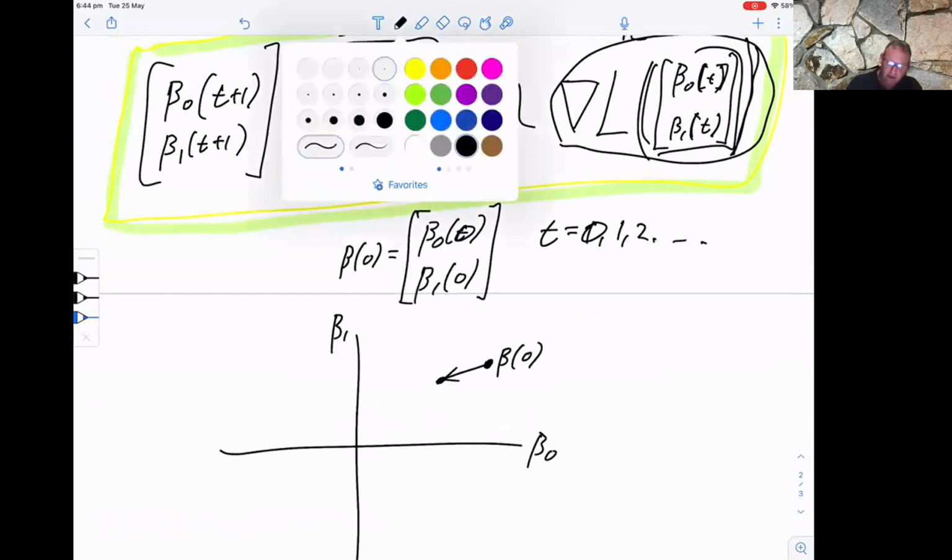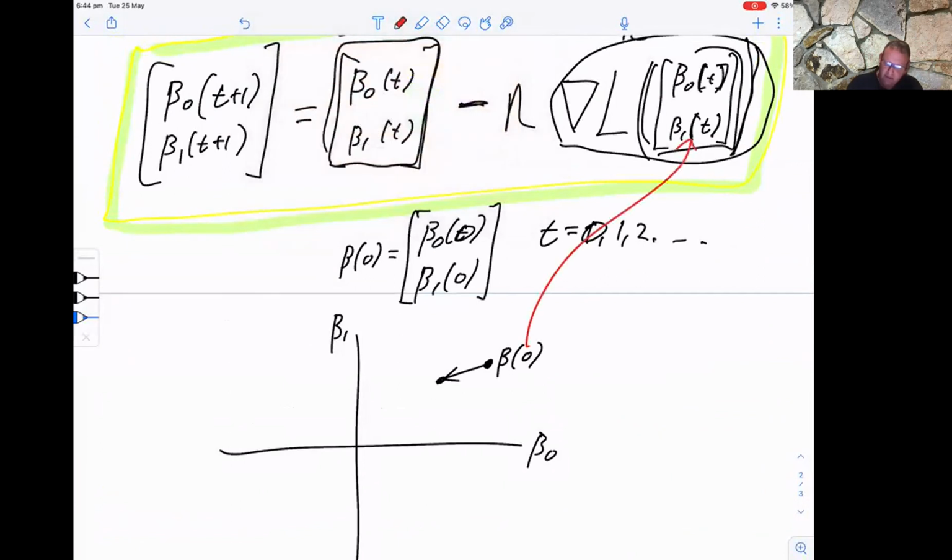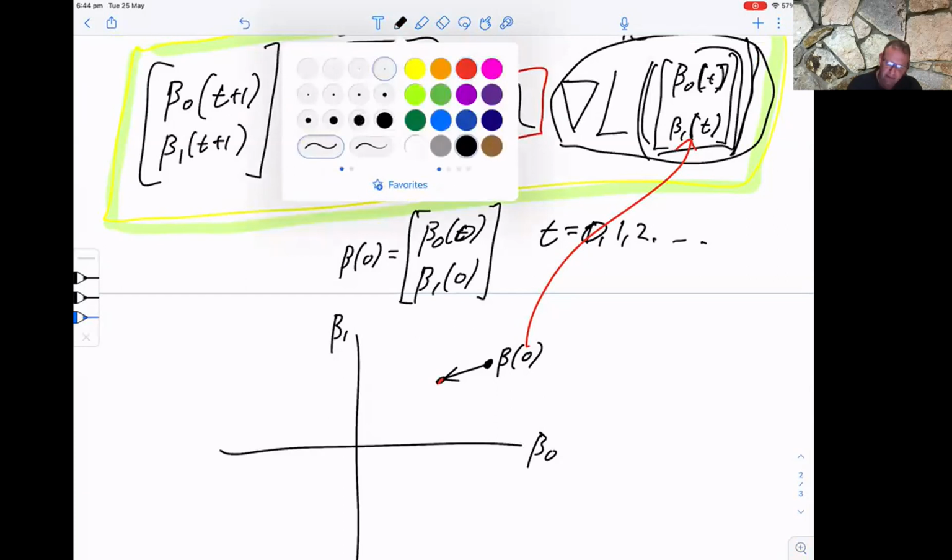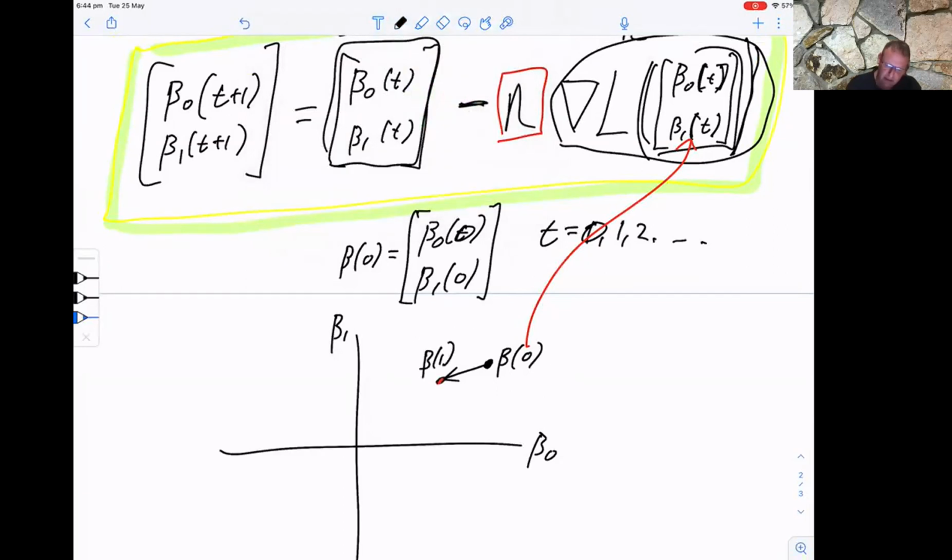You computed the gradient at that point, and the magnitude was also determined by eta, and you got to this second point, which is beta 1. Then maybe the gradient changed a bit and you went here, and that was now this point beta 2. And maybe the gradient here changed and you got, sorry, this straight line, and you got to this point, and that's beta 3. And you continue.